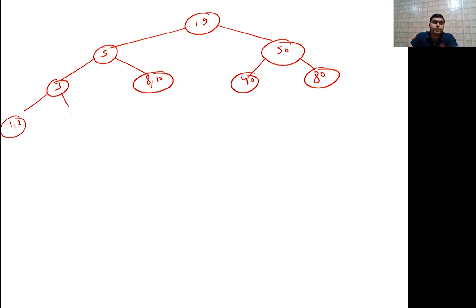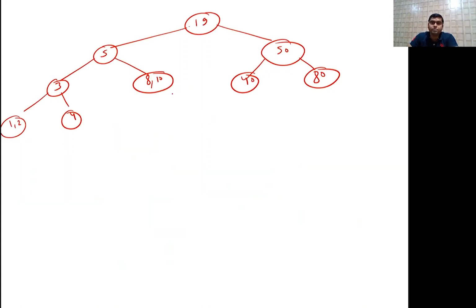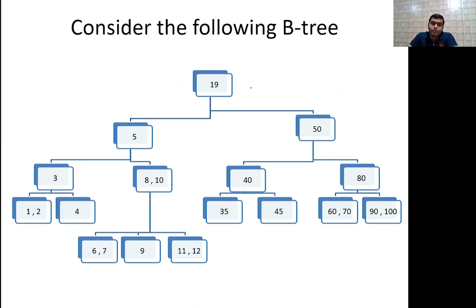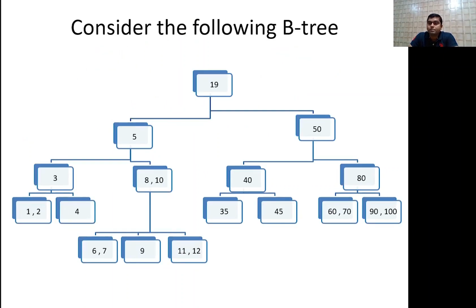1 comma 2, and this is 4, and before it is what, 6, 7, 9, 11, 12. So 6, 7, 9, and after that 11 and 12, and before 40, 35 and 45, so it is 35 and 45, and before and after 80, 60, 70, 90, 100.